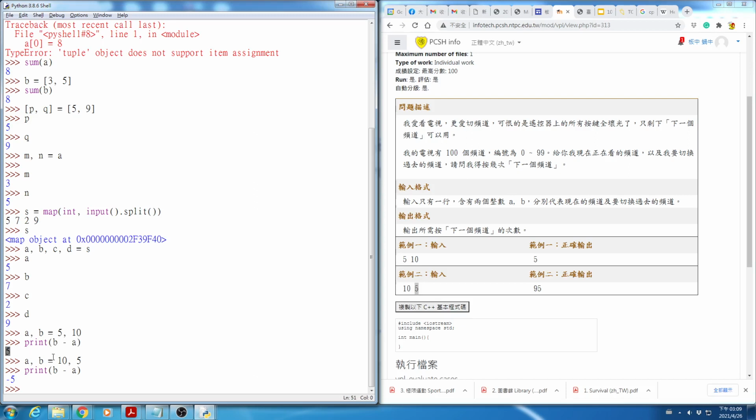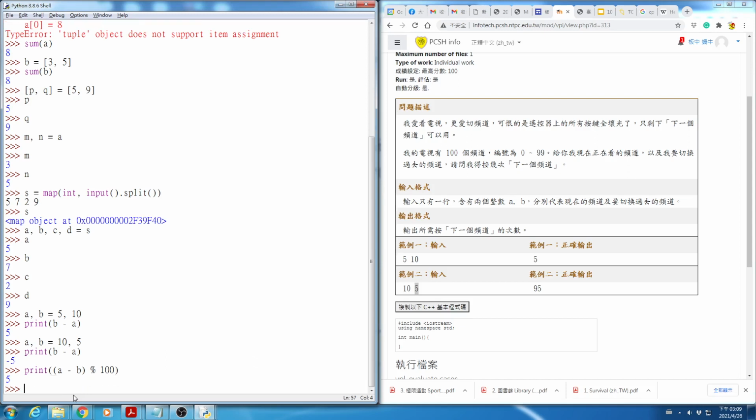So let me tell you the answer. Look carefully right there: A minus B, then divided by 100 and take the remainder of that. This is the answer. That will get you the number 5.